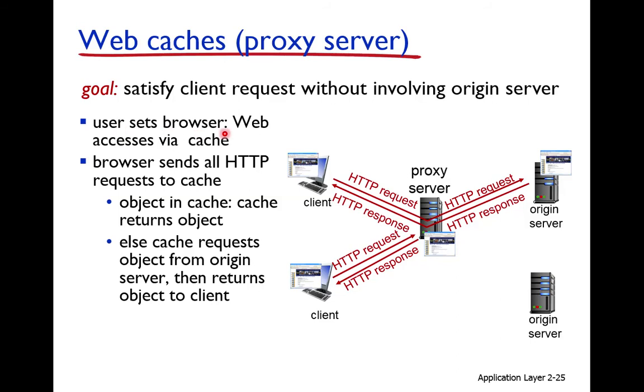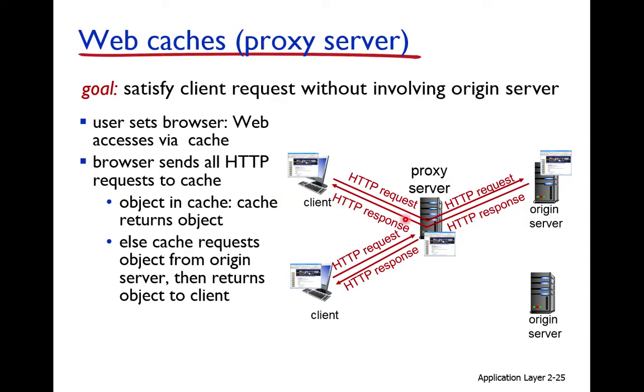So the user sets the browser web access via cache. Normally the user accesses the web server through the web cache, which is normally installed on the gateway, the proxy server. The browser sends all HTTP requests to the cache. When the cache receives the request, it searches in its cache whether the requested object is present with it or not.